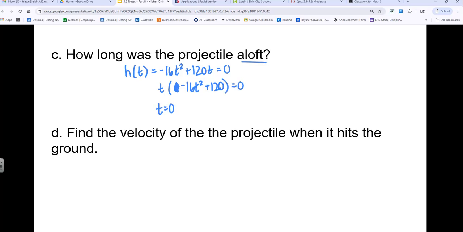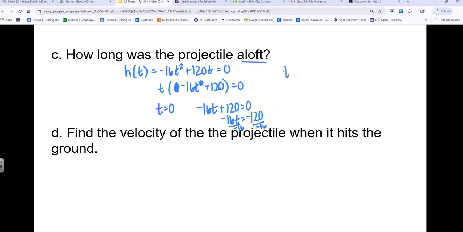Now, t equals 0 is not my answer. That's when it was on the ground when it started, right? And then I'll have negative 16t plus 120 equals 0. So that'll be negative 16t equals negative 120. I'll divide by negative 16.